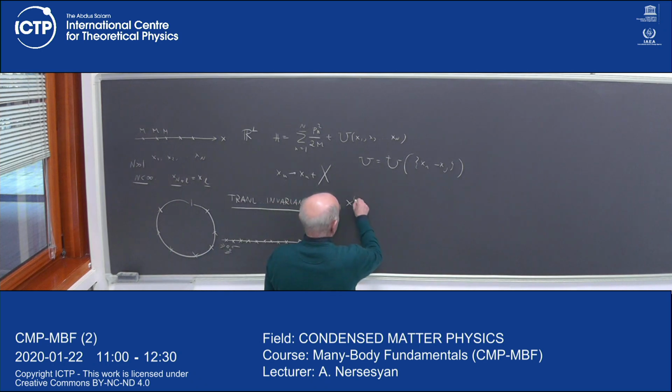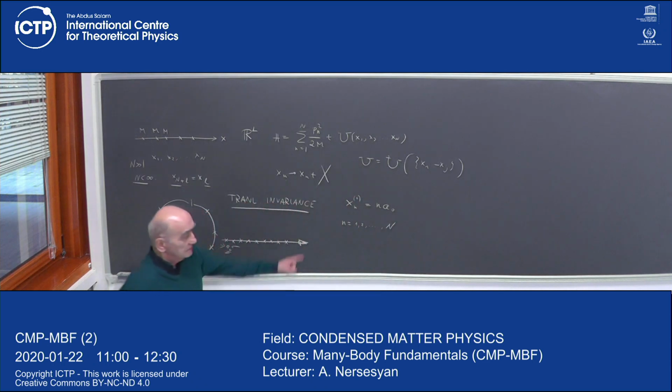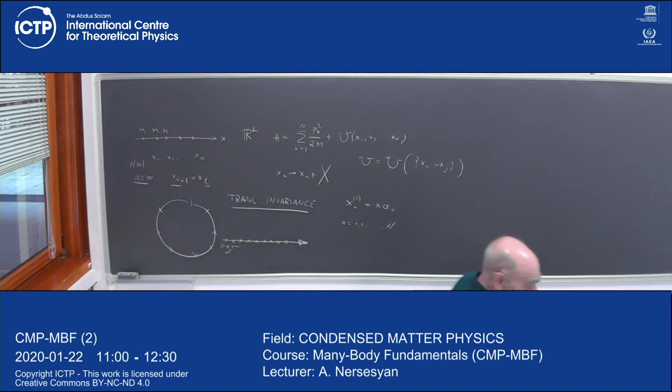I write down that the equilibrium value of the coordinate is n times a0, and n takes values 1, 2, 3, and so forth. Is it correct? I insist that this cannot be the whole story. This is correct, but it doesn't cover all the solutions. It's only one of the solutions.